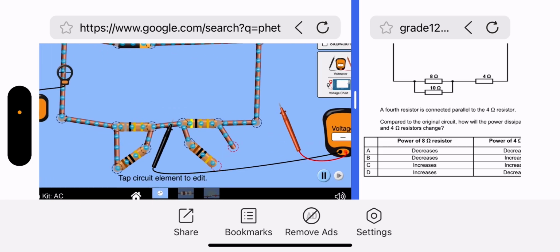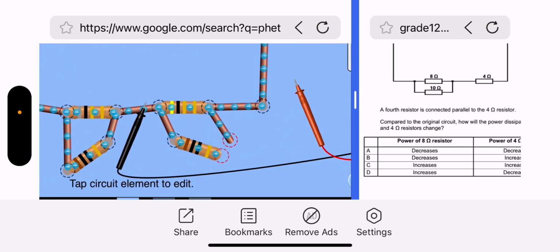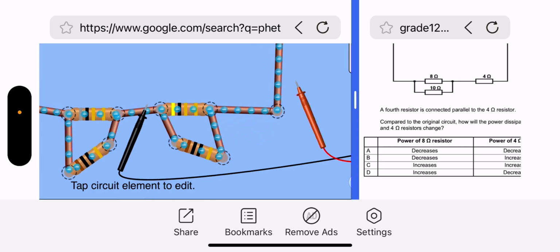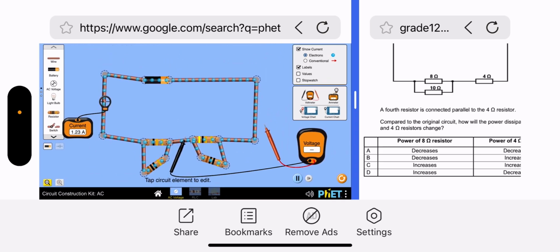Let me zoom in because my fingers are big. There we are. All right, now let's read. Remember, before the parallel connection, we had 4, something voltage. Now we have 3,52.